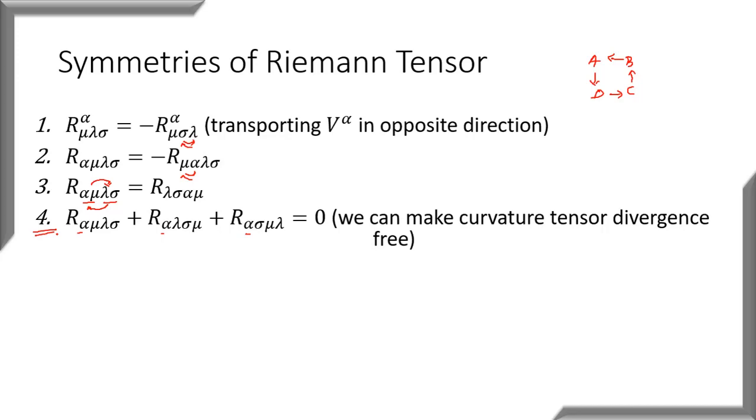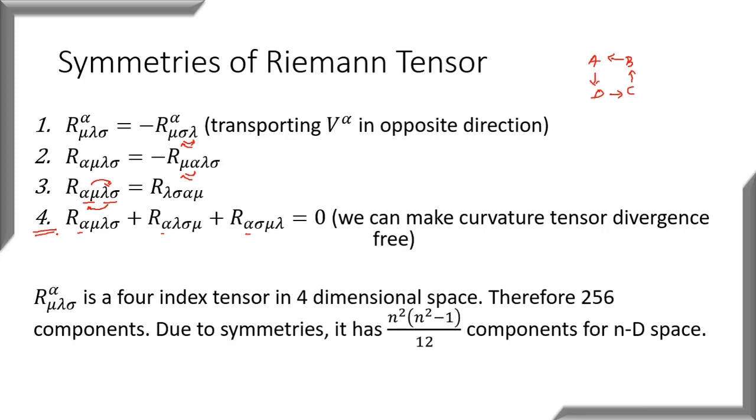We have learned about the stress energy tensor in our first video. This stress energy tensor turns out to be divergence free. So the very notion that the Riemann tensor or the curvature tensor is divergence free helps us in equating these tensors to get the field equations.